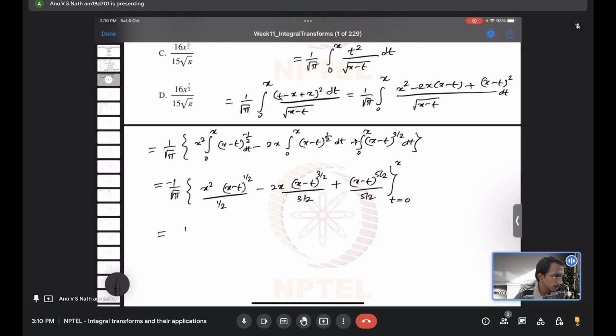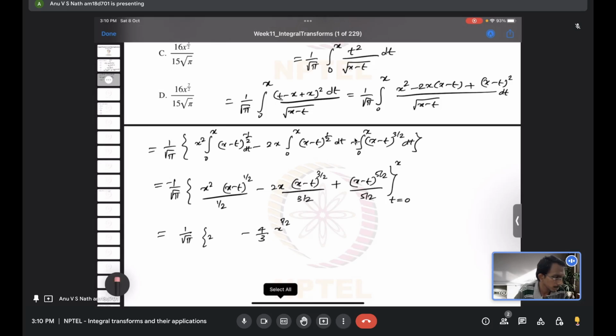So if you just do the algebra, it will become x square times x raised to half by half, which I can rewrite as 2 x square times root x, minus 4 by 3 x raised to 5 by 2.